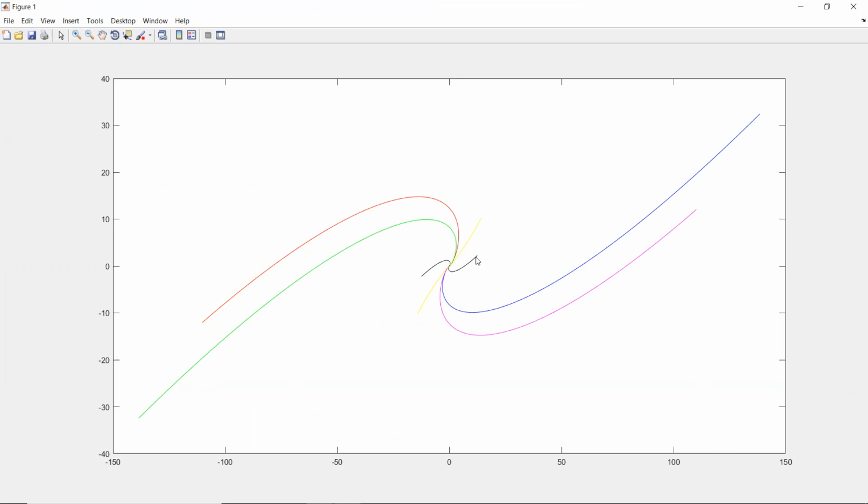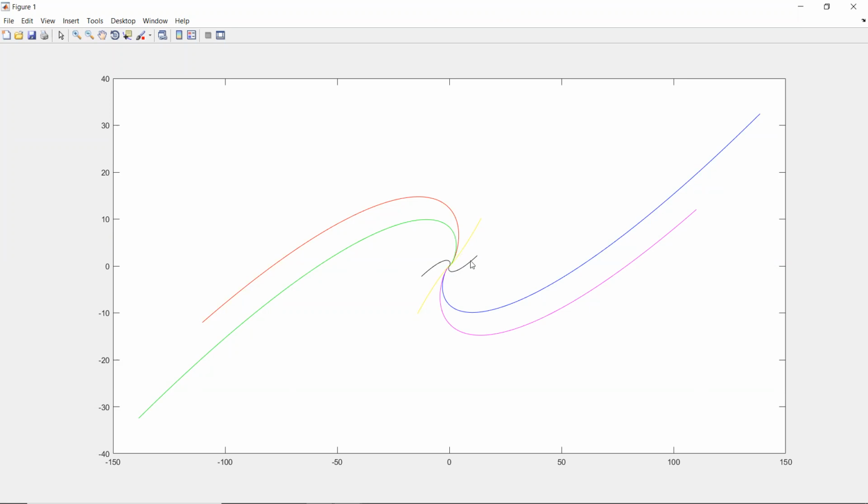If I want to get a better part of this curve, I would have to increase the interval for t, but only for this curve. If I increase the interval for t for all the curves, then this green would go from minus infinity to the origin, and the picture wouldn't be clear anymore. So I would have to change the intervals where those curves are defined for each specific curve in this family.